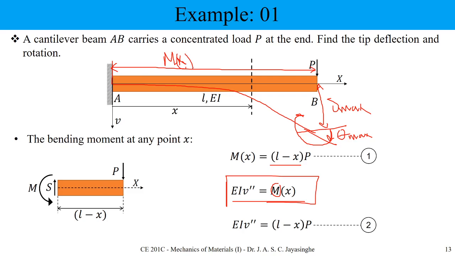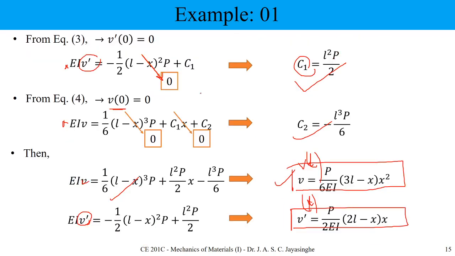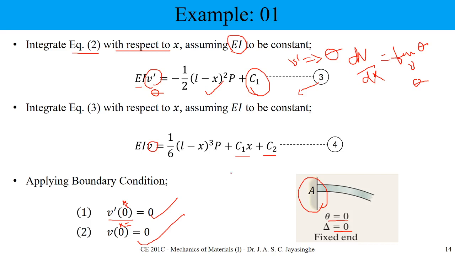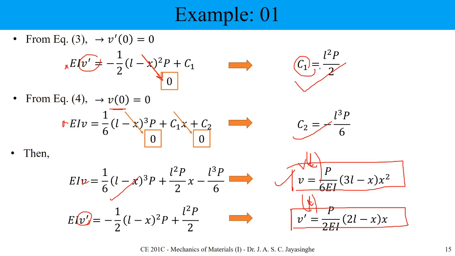Then we can apply this, and here we have constant EI, so we can remove it and do the other parts like integration. After that you do the integration and you will end up with these values, and the integration constants you can find by applying two boundary conditions, like this.